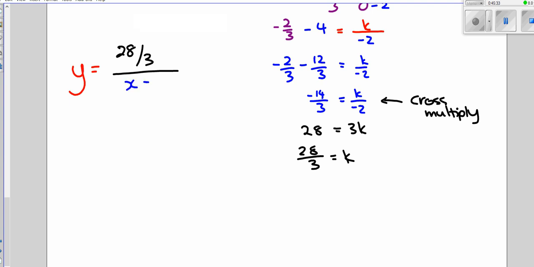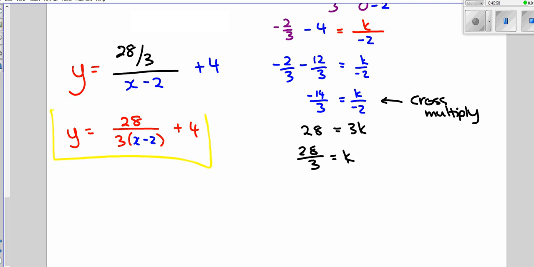You could potentially rewrite this as y equals 28 over 3 times x minus 2, plus 4. This is a pretty advanced one. It's hard, of course, and it's all because of the coordinate. It wasn't a nice whole number, so that's why we've got the fractions going on. Good to see an example of a difficult one, I guess.